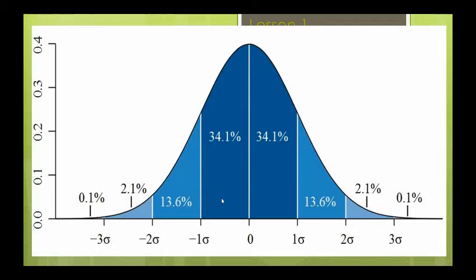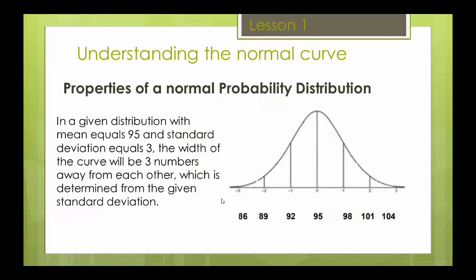So ito yung standard normal curve na pinabasihan natin if the mean is not equal to 0 and the standard deviation is not equal to 1. So, ito yung binabasihan natin. Meron tayong example dito. In a given distribution with the mean equals 95, bell shape pa rin yung curve. The middle or the median is 95 because that is our mean.